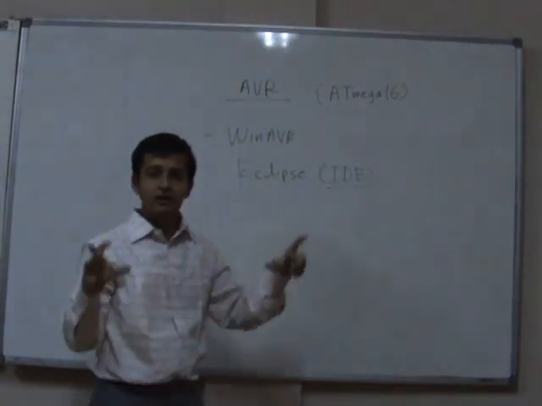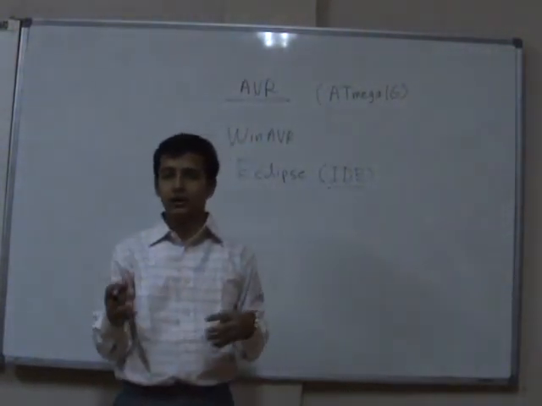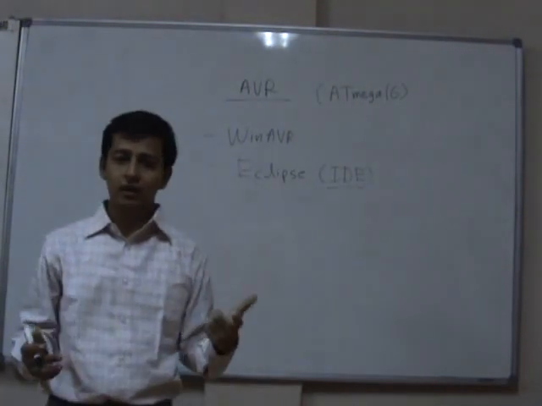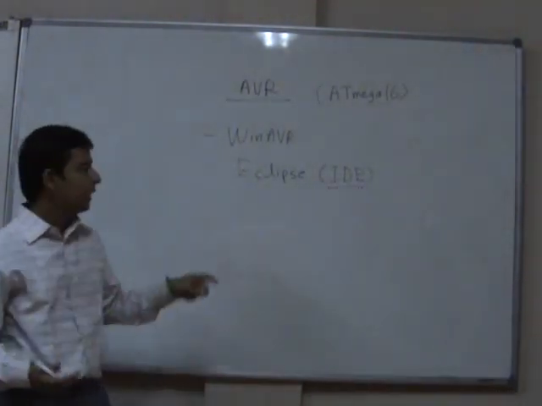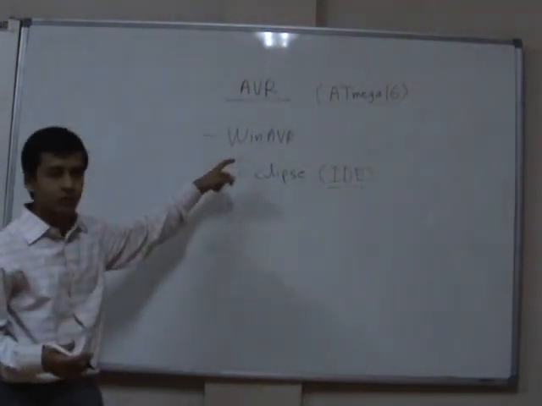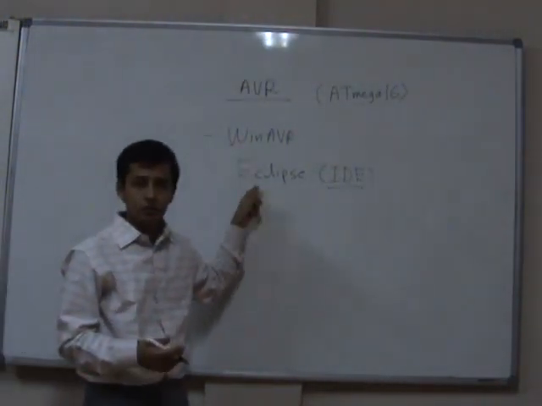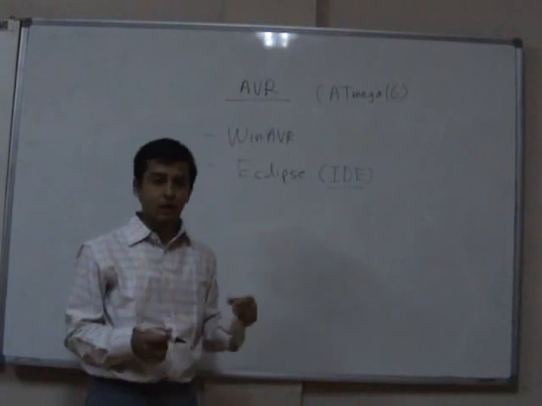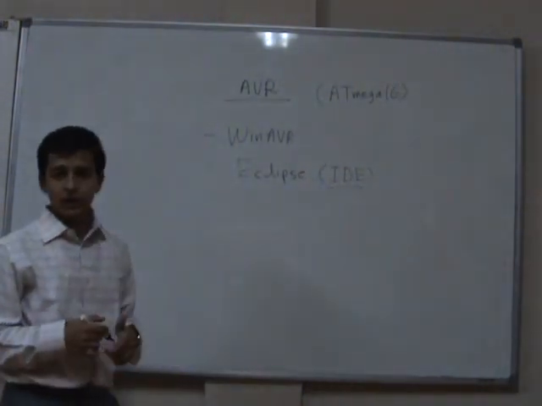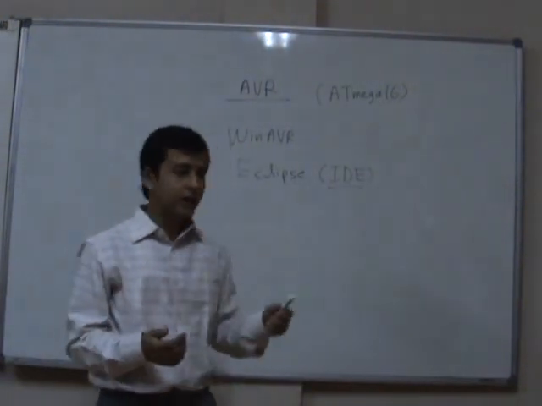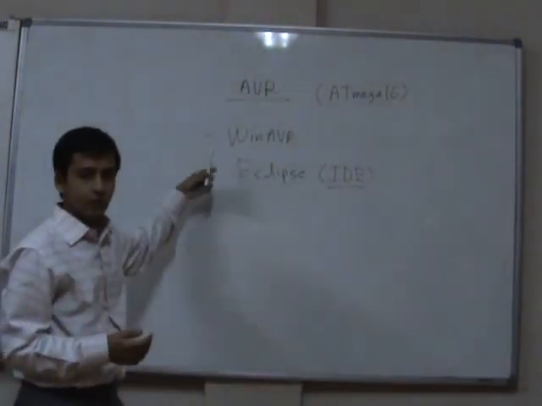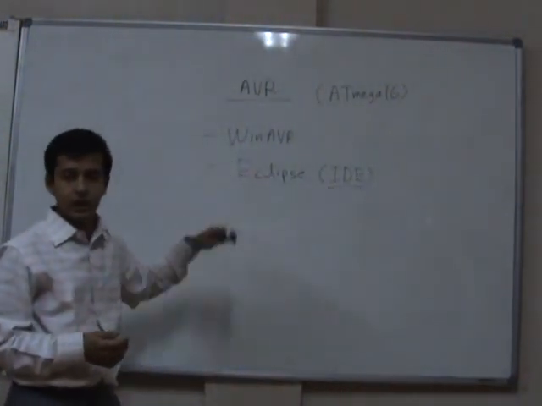In this you get a nice editor with syntax coloring and all those facilities, which will highlight the errors and mistakes in your program when you compile it. WinAVR is a set of command line tools which this IDE will use to compile your C program. This IDE also requires one plugin called the AVR Eclipse plugin. When you insert that plugin into this IDE, it becomes compatible with WinAVR and you can use it.